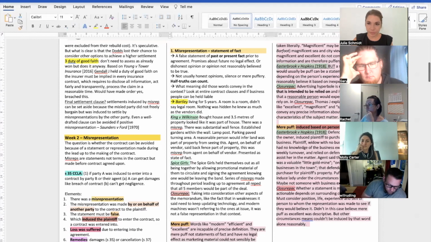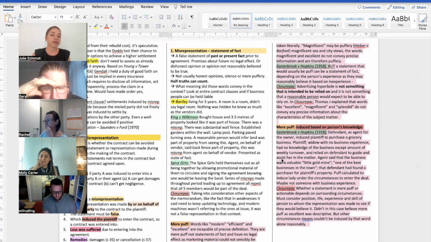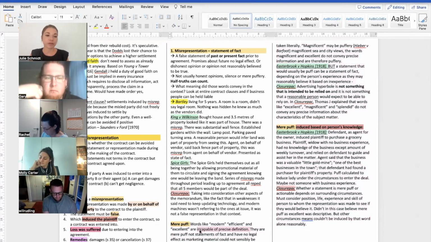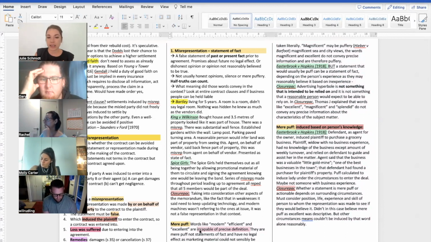So the reason something would be considered mere puff is because terms that are mere puff are incapable of precise definition. If you say this tutorial was excellent, maybe that could actually be defined.